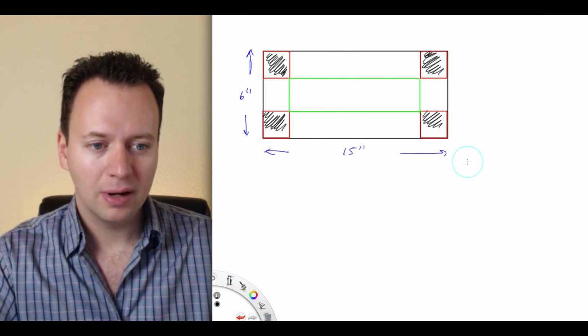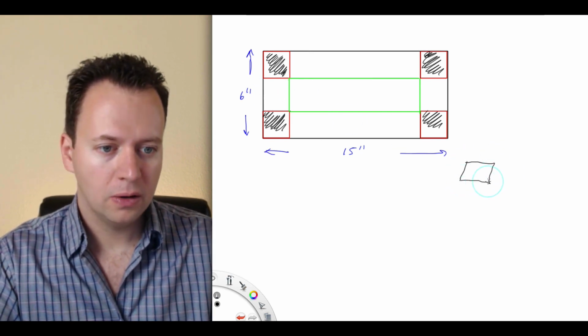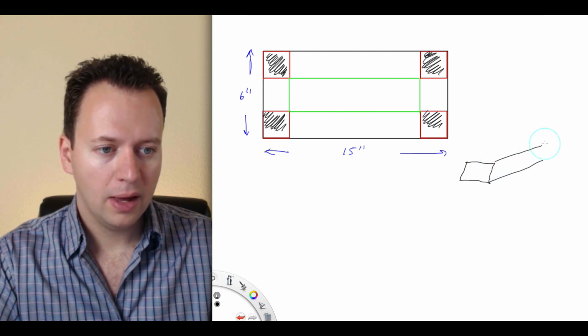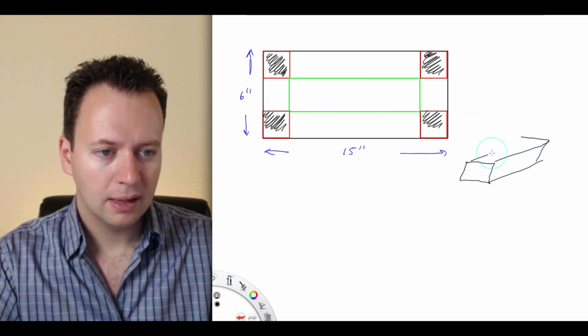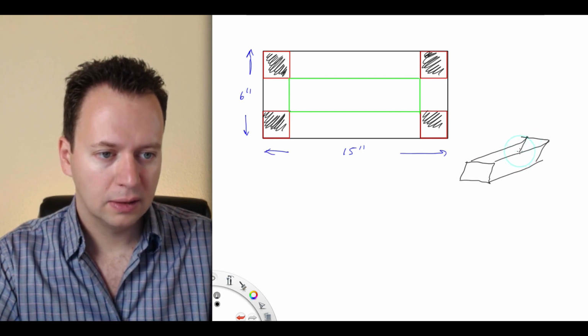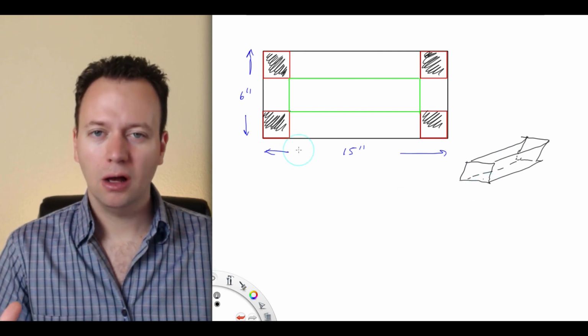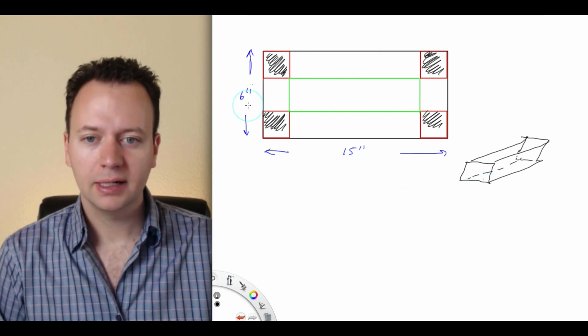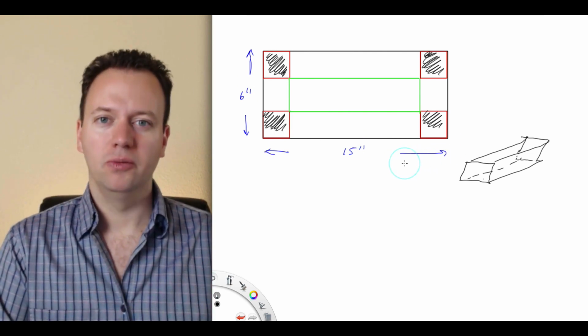And then the side of the box becomes that piece, and then like that. So we end up with a nice cardboard box.